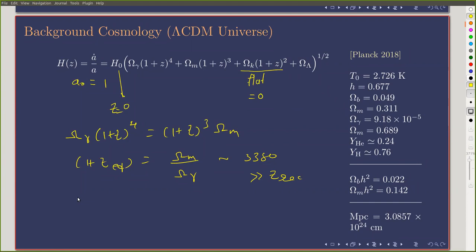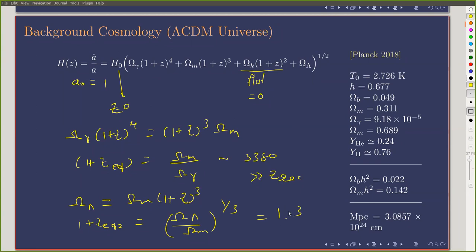The second thing we will compare is lambda with omega m, and we will call it the second equality. That turns out to be omega m raised to 1 by 3, which is around 1.3.